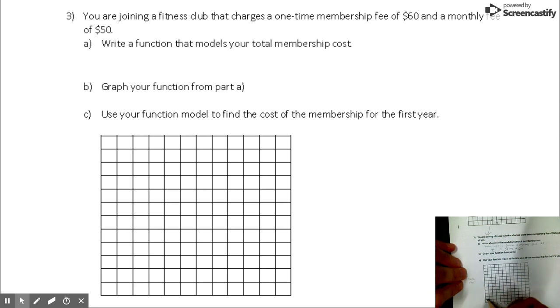And kind of thinking about what this scale should be. We obviously don't want to let one box equal one. After a month, it's going to cost us $110. And so we know that this is eventually going to end up maybe somewhere in the neighborhood of 1,000. So we have 1, 2, 3, 4, 5, 6, 7, 8, 9, 10, 11, 12 boxes. If we let each be 50, we'll be up around 600.